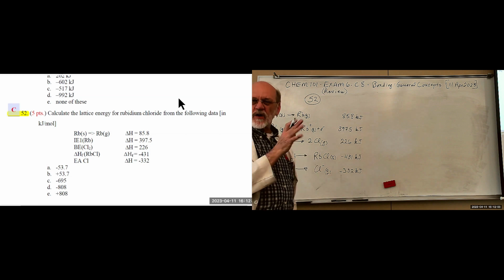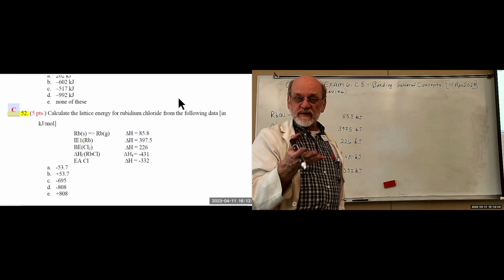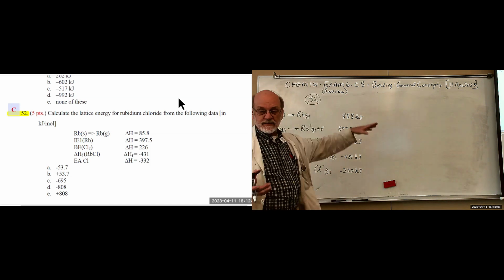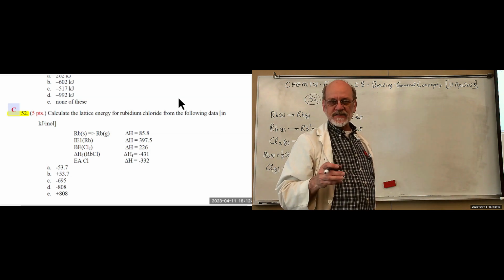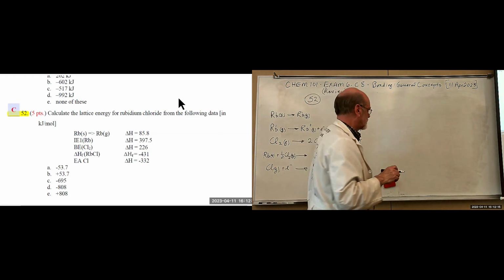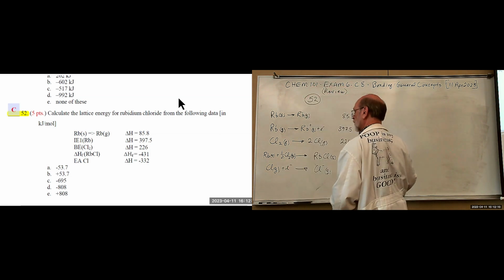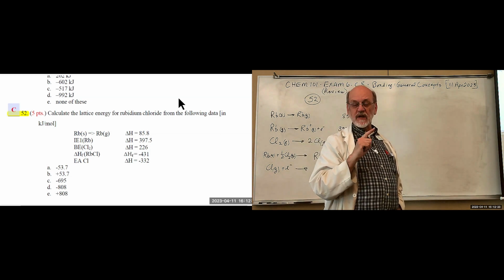Okay, I went to all that trouble because you have to understand what those abbreviations stand for and what they mean. Otherwise, you can't add them together to find the answer to lattice energy. So the lattice energy for rubidium chloride. Rubidium is an alkali metal, so it's a 1+ charge.